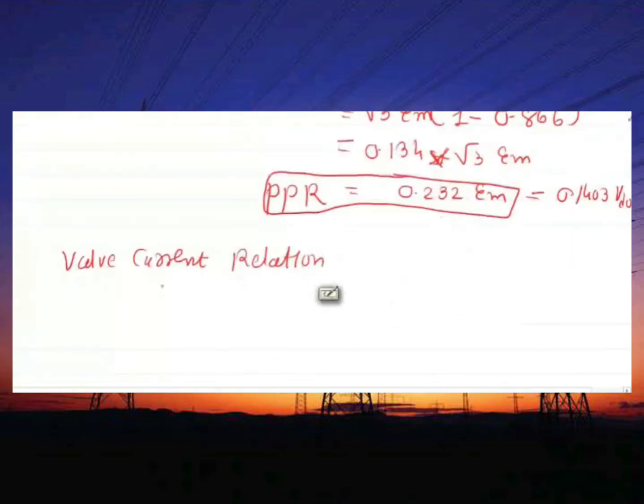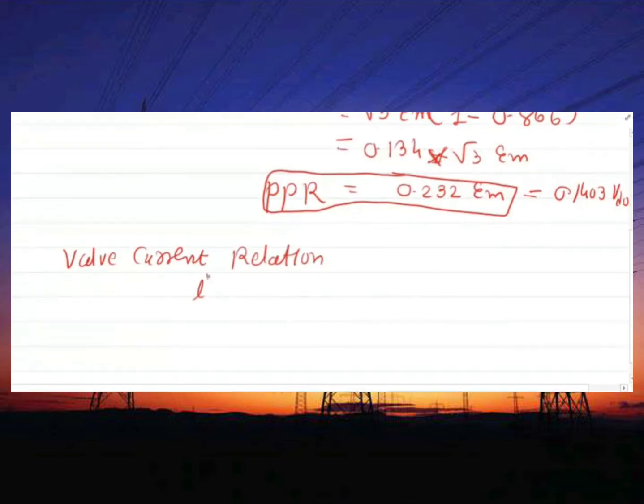So we can write I1 is equal to the magnitude of valve current, ID, during minus 2 pi by 3 less than or equal to omega t less than or equal to 0, and I1 becomes 0 for 0 to 4 pi by 3.